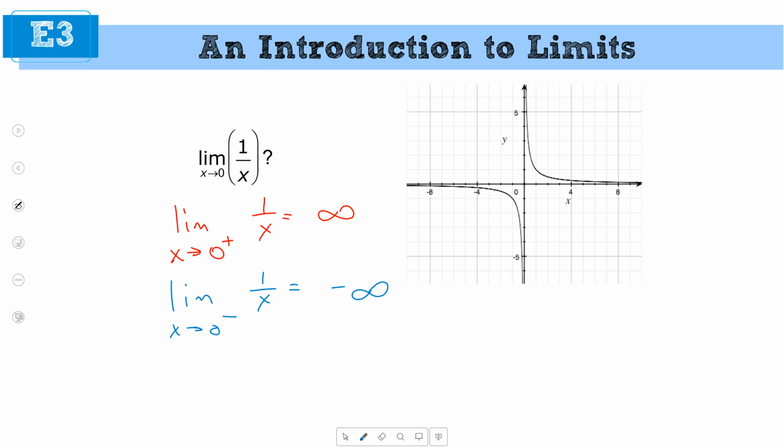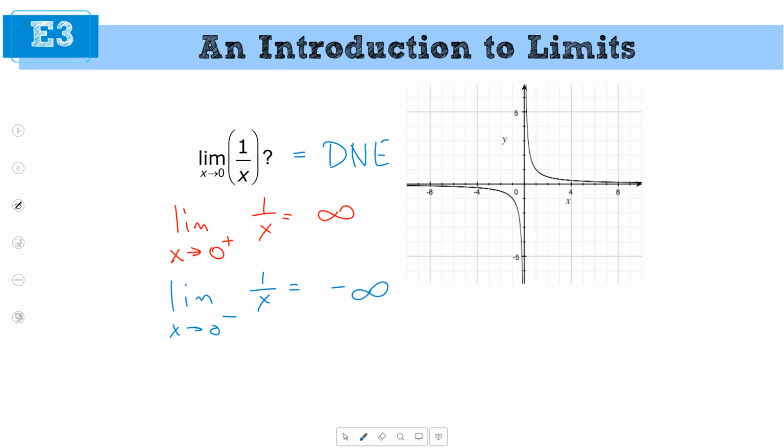So now we're back to the three cases I had in the very beginning. From the right, from the left, and at the value. There is no limit at 0. There's a limit if you approach from the right and from the left, but at 0, we use the term DNE. Does not exist. Now, why doesn't it exist?